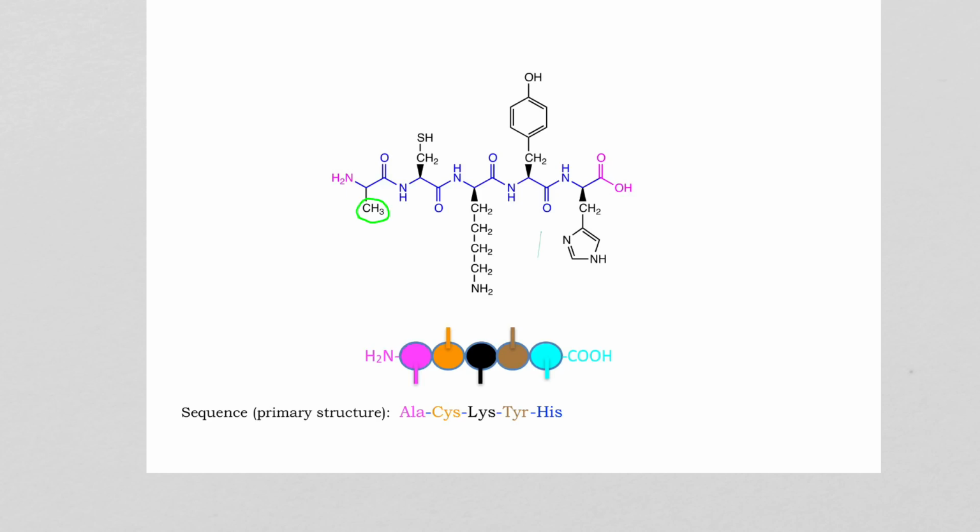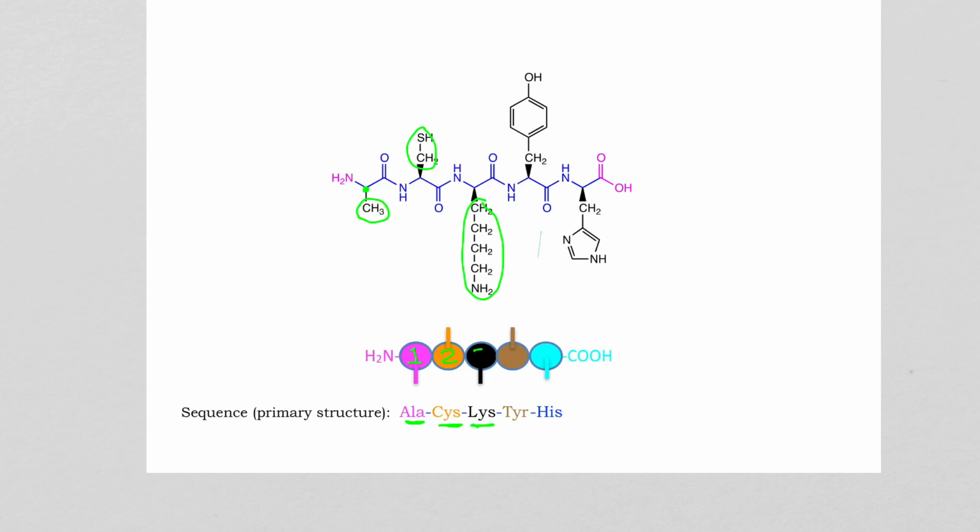This R group suggests that this amino acid here is alanine. So the first amino acid in this protein is alanine, amino acid number 1. Then the next R group belongs to cysteine. So amino acid number 2 is cysteine. Then the next R group belongs to lysine.